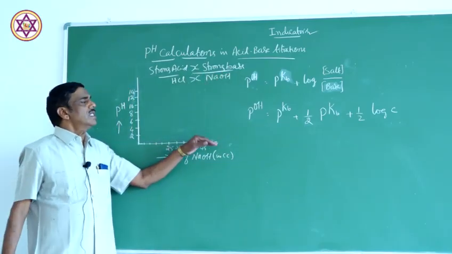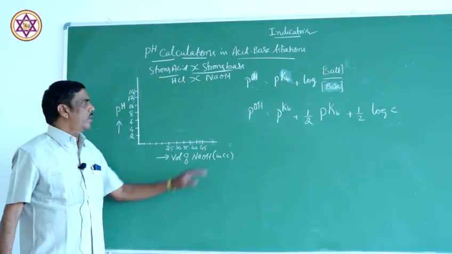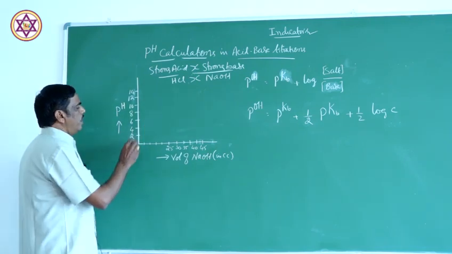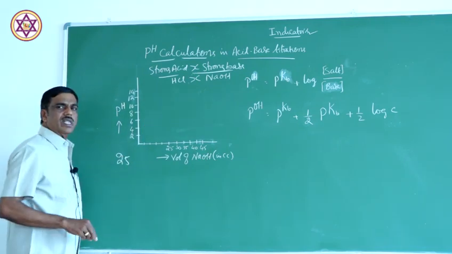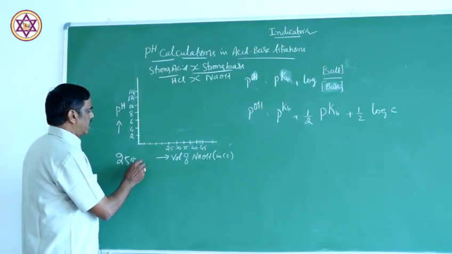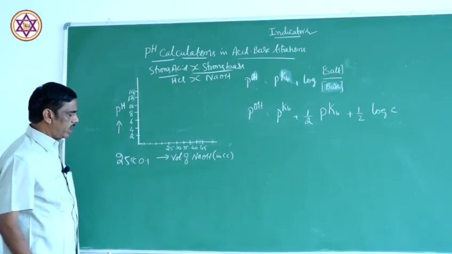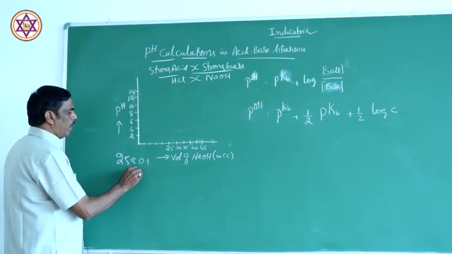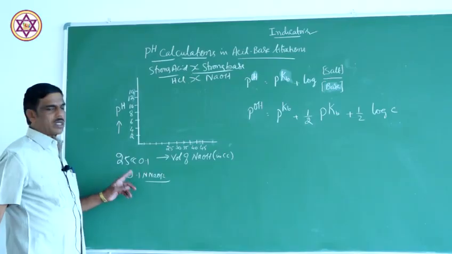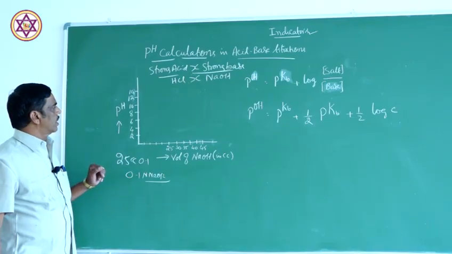So, what is the change in pH at the end point that we have to calculate here? Here, let us take 25 cc of 0.1 normal HCl solution in a beaker, and in the burette 0.1 normal NaOH. Both of them are strong acid versus strong base.